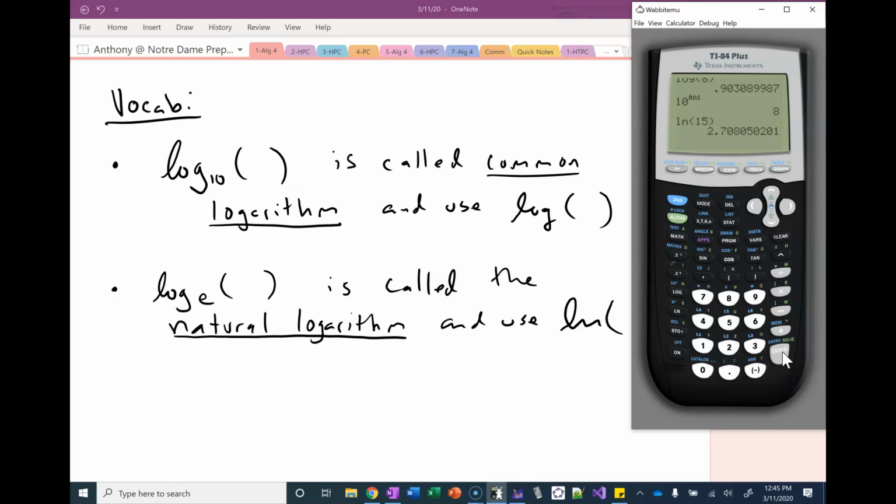That's the power of e that gives me 15. Let's just confirm that. So if I go e to the answer, I get 15. Okay.